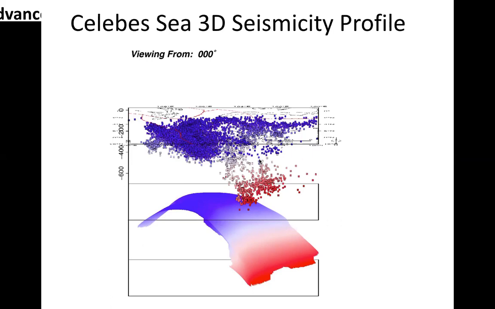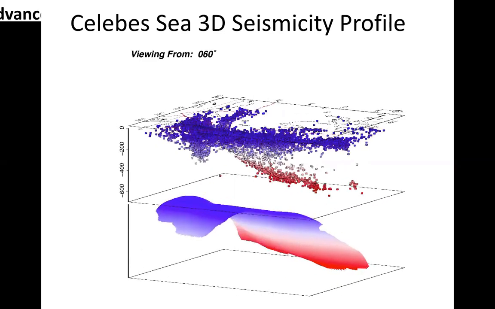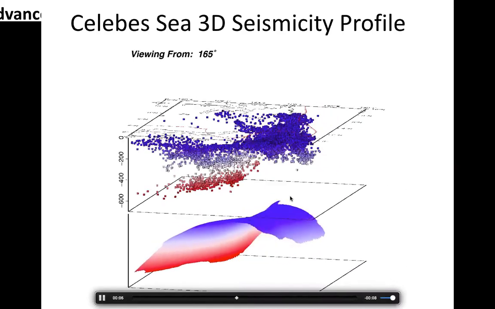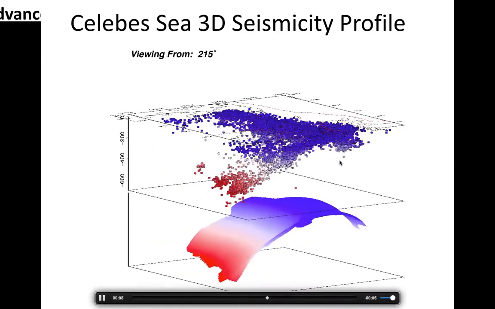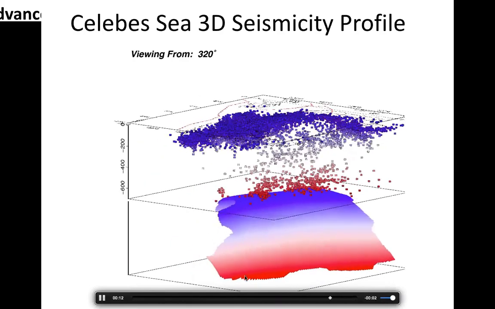And so if we start here, viewing from the north, we start moving around to the east here, you can see the Halmahera slab present, and the U-shape of the Molucca Sea plate actually follows geometry very well.